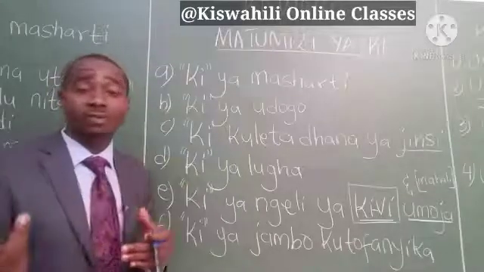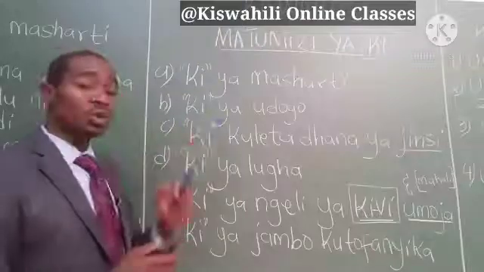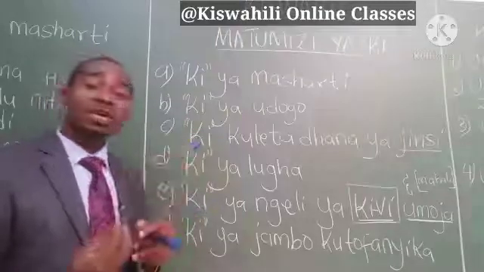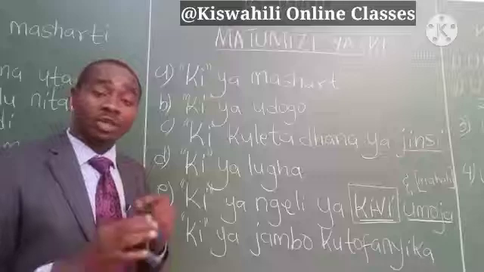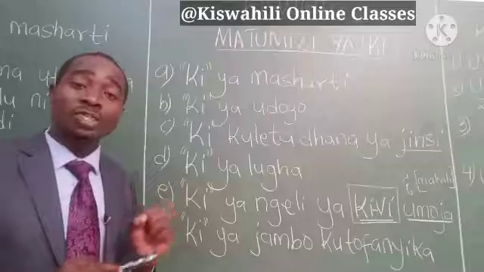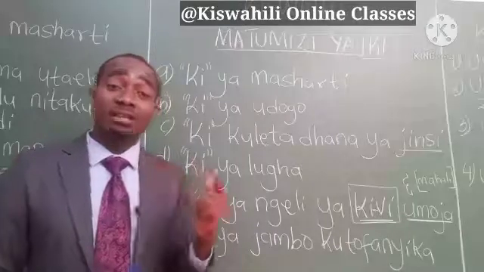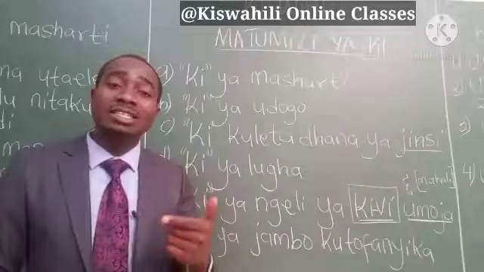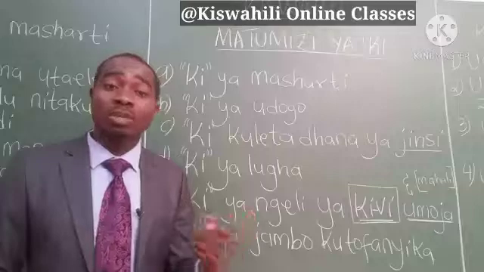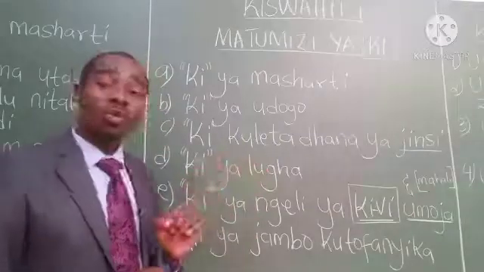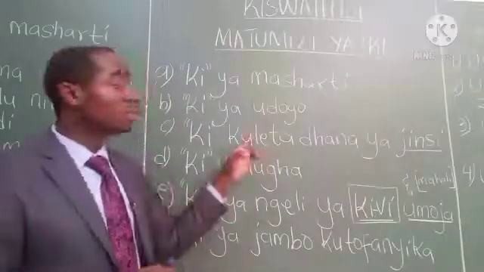So diminutive. Ki ya udogo is the key of diminutive. You know, in Swahili, there is a language feature whereby you can praise something or criticize something, a noun, by just using the word udogo.